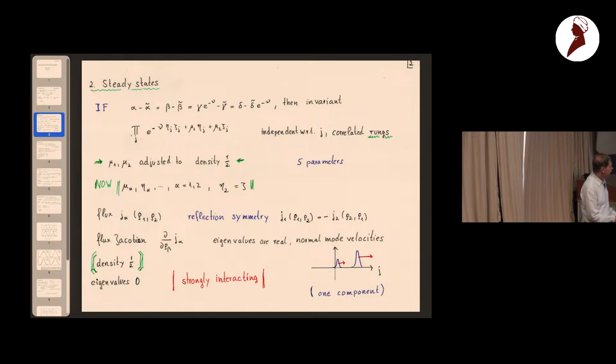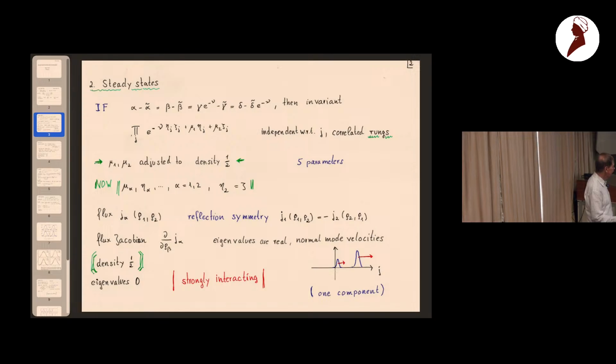Now, this is not a symmetric matrix. But you can check that, it's a general principle, a stability property which is true for essentially any system you can think of, that the eigenvalues of this Jacobian are actually real.